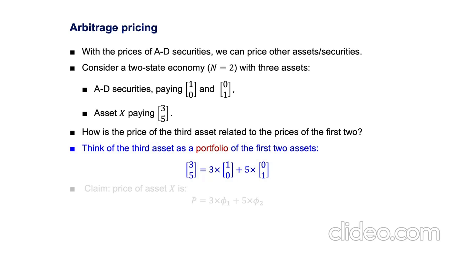In this case, the portfolio would pay $3 in state 1 coming from the 3 units of state 1 Arrow-Debreu security, and it will pay $5 in state 2 from the 5 units of state 2 Arrow-Debreu securities. The claim is that the price of this asset X is going to be given by the following equation, namely its price should equal 3 times the state 1 state price plus 5 times the state 2 state price.